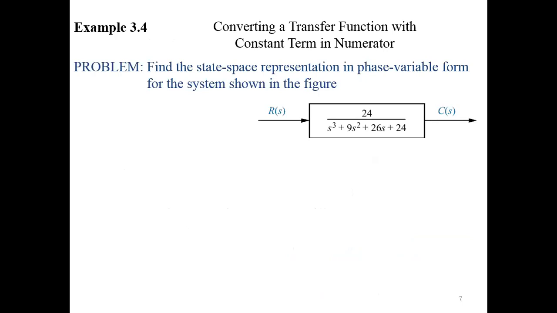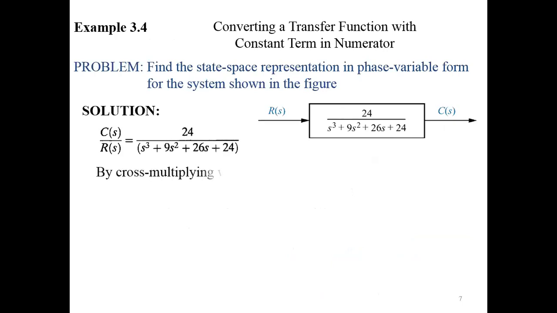Let's work out an example. We want to convert a transfer function with a constant term in the numerator. We have to find the state space representation in phase variable form for the system shown in this figure. So this is our transfer function.